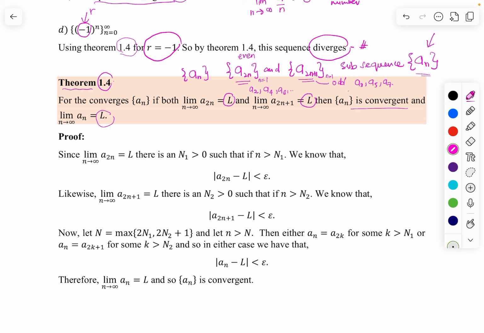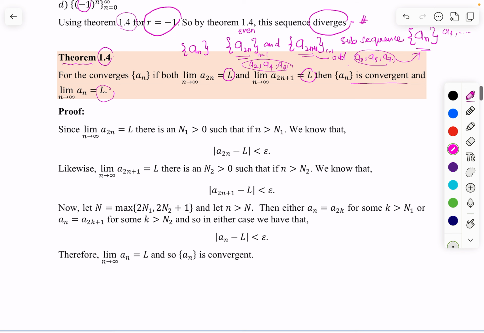For the big sequence, we have a1, a2, a3, and so on. So the terms a2, a4, a6, a3, a5, a7 are actually inside the big sequence. That is the idea. So how to prove this? To prove this mathematically, it is written this way. You can try to understand.